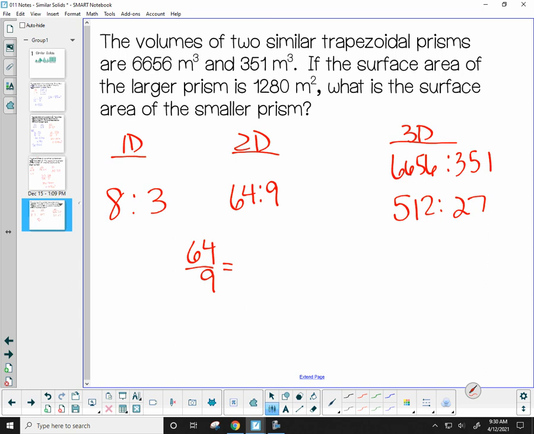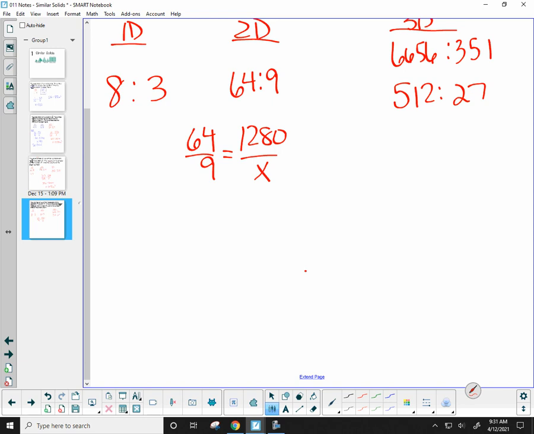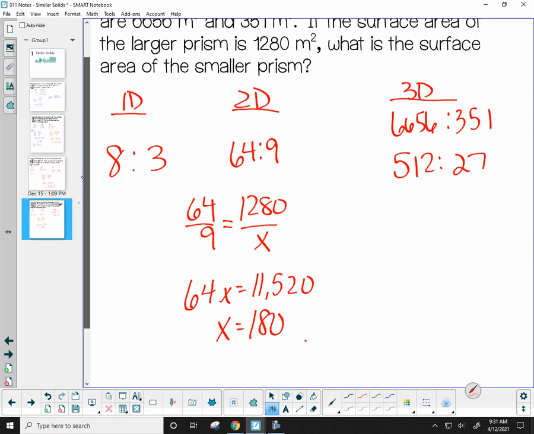Because it's a larger number. So 1280 is going in my numerator, x is going in my denominator. So when I cross multiply, I have 64x equals 11,520. Divide by 64, I have 180. I don't remember what units we're in. Square meters.